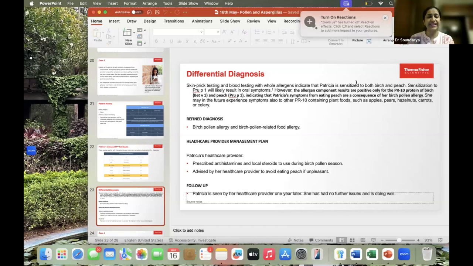The thing with native allergens is that they are whole allergens and they have multiple components. Among those components is one called the cross-reactive carbohydrate determinant, the CCD. These are of numerous types.